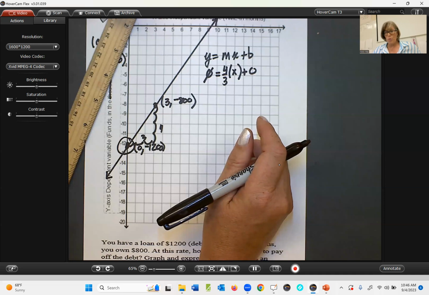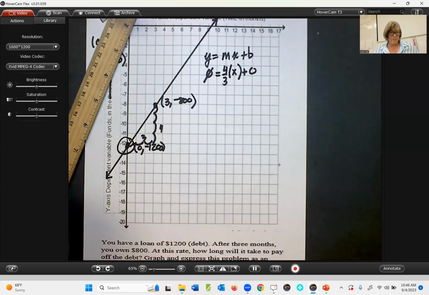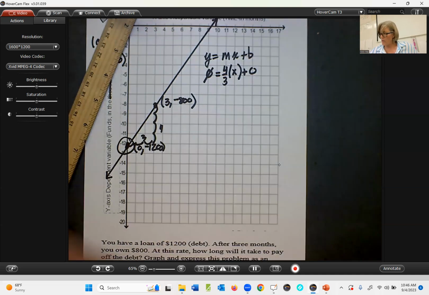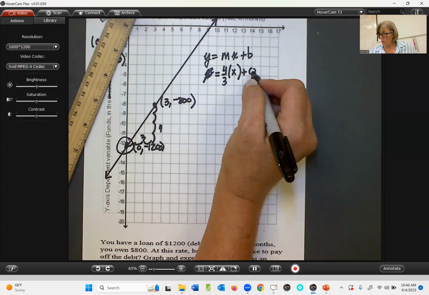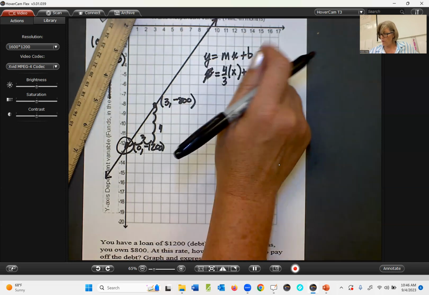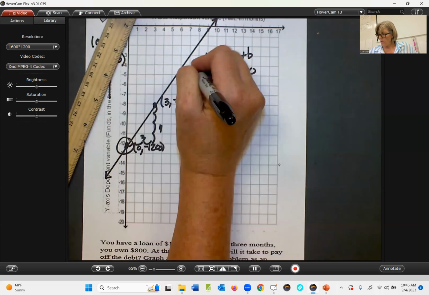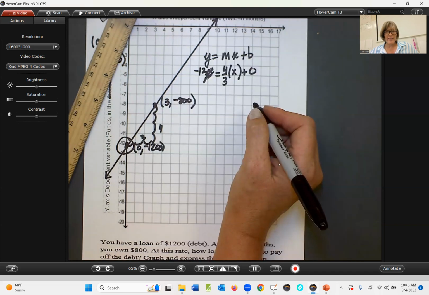So you graph. And at 0, excuse me, this should not be 0. At 0, this is going to be negative 12. So we solve.